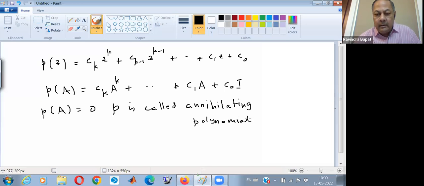And why does an annihilating polynomial exist? Again, this is an interesting application of elementary vector space theory and the idea of looking at a matrix as a vector. So if you have a matrix, you can always think of it as a long vector.